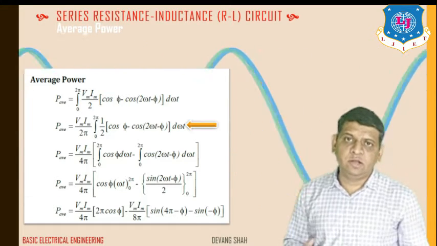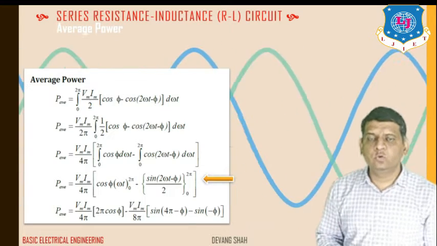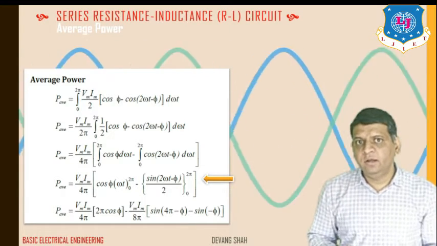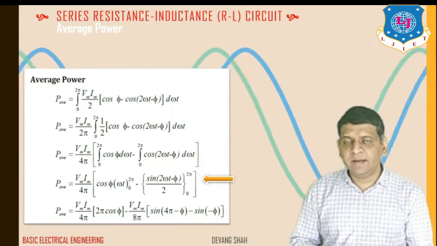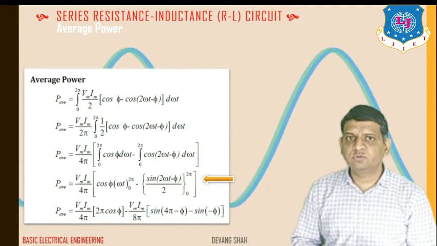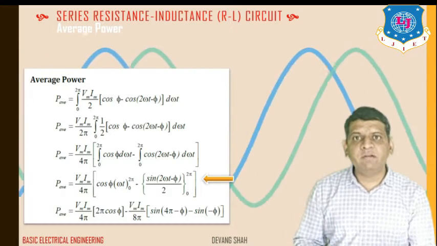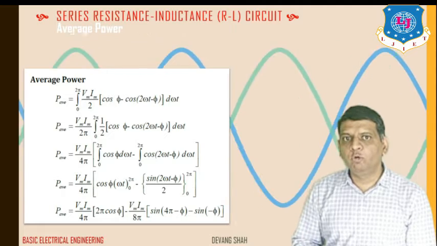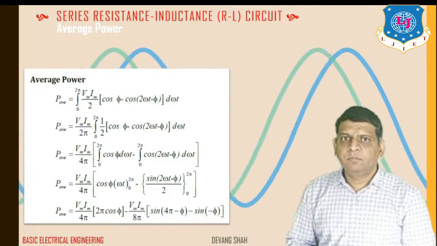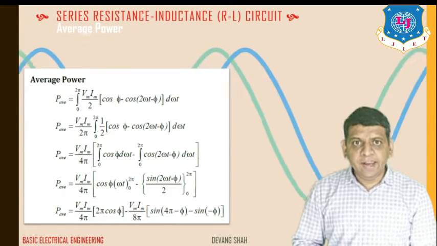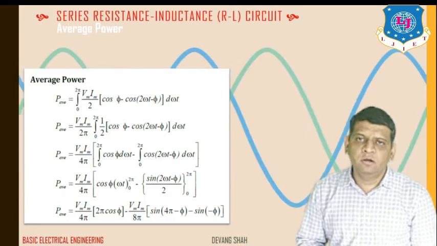Now, taking the individual integrations, you can find P average is equal to Vm Im by 4π in bracket cos φ ωt from 0 to 2π limit minus sin(2ωt − φ) divided by 2 from 0 to 2π.